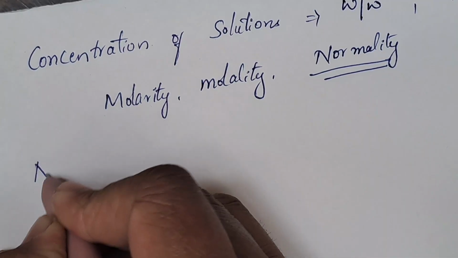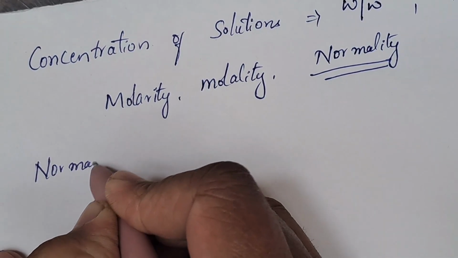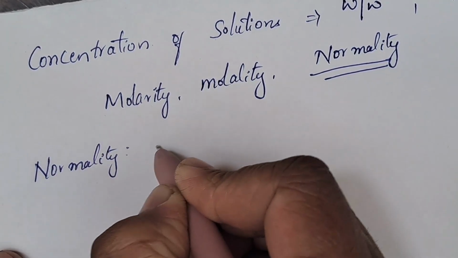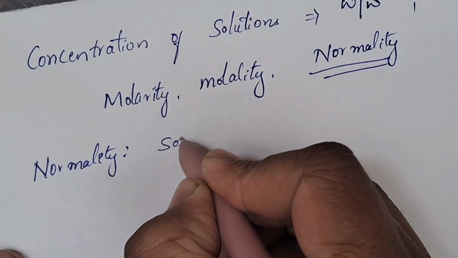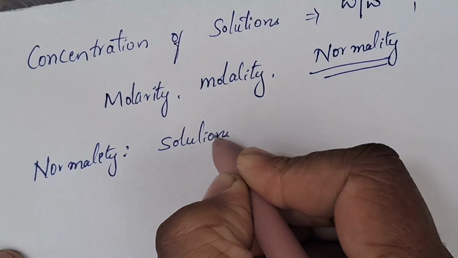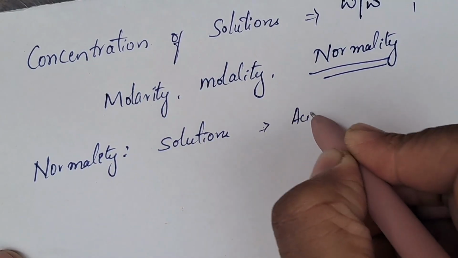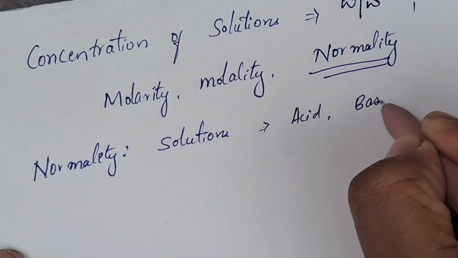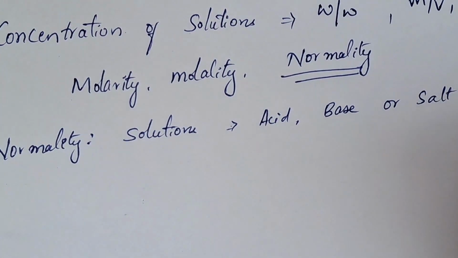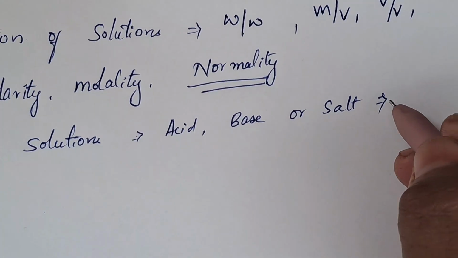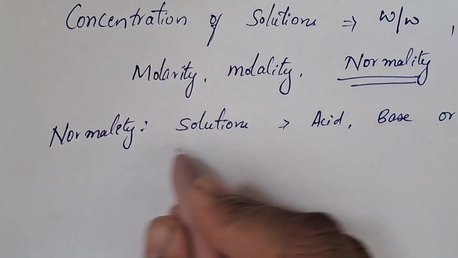Before that, if you want to understand normality, first you have to understand how the solutions which we prepare, like an acid, a base, or a salt, are prepared as normal solutions.